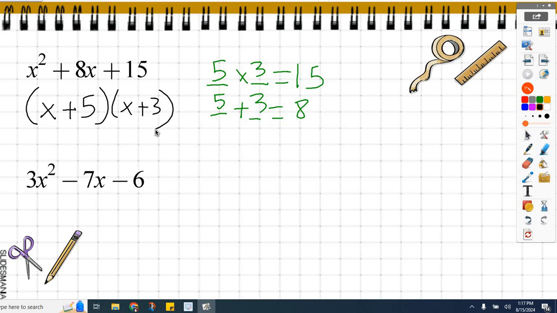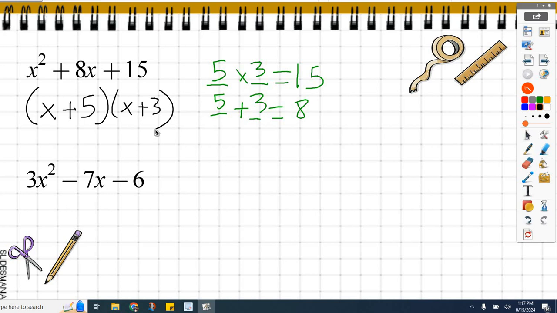Now, what is our leading coefficient on the next one? 3. Can I factor out the 3? No, that would have been nice if we could. But we can't in this case. So this is where you have to use either what the handout calls the rainbow method, or what we call the AC method. So if you prefer AC method, you can scratch that out and put AC method.